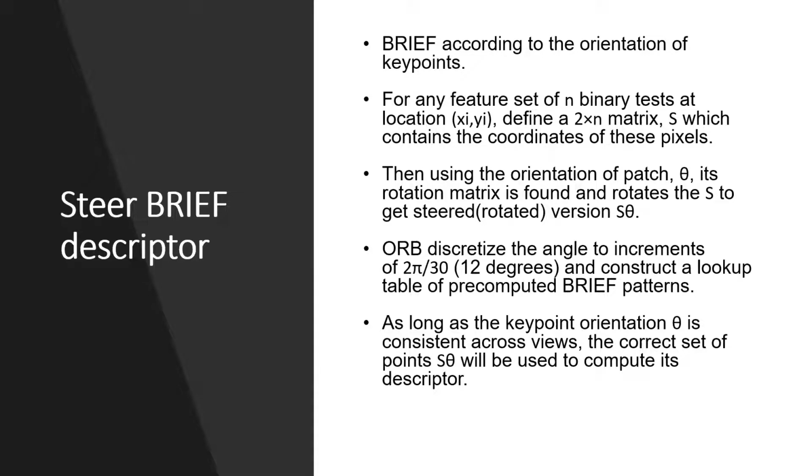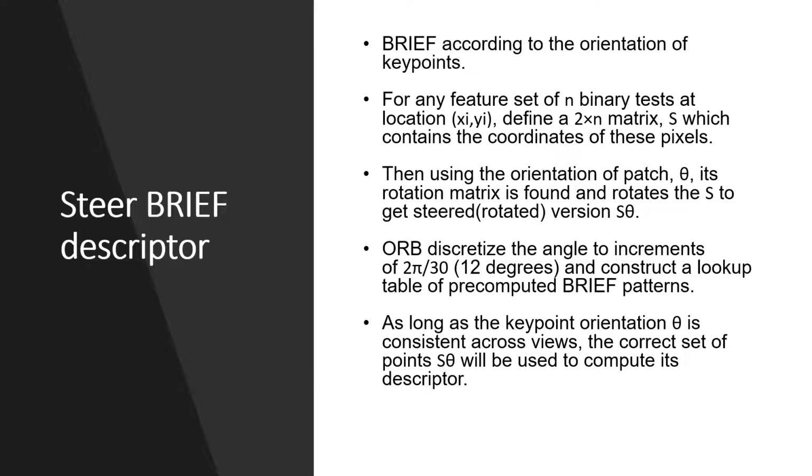For these features, for the set of n binary tests we have done earlier, we define a 2 cross n matrix S, which contains the coordinates of these pixels. Then using the orientation patch theta, which we have found earlier using the FAST algorithm, a rotation matrix is found, and we use it on the matrix S to find a steered, that means the rotated version of S, which we call S theta.